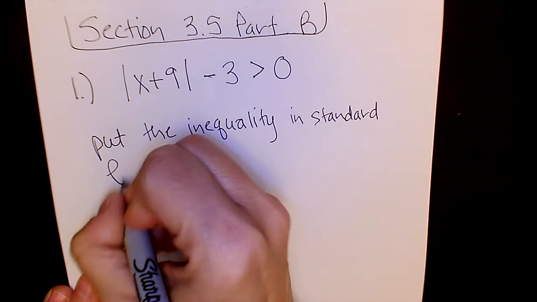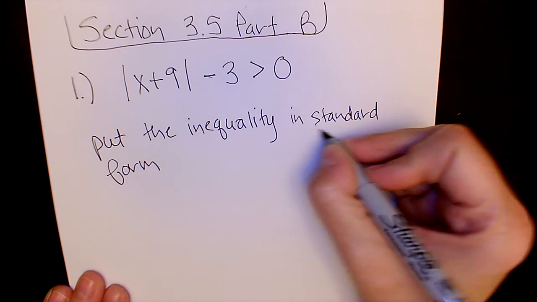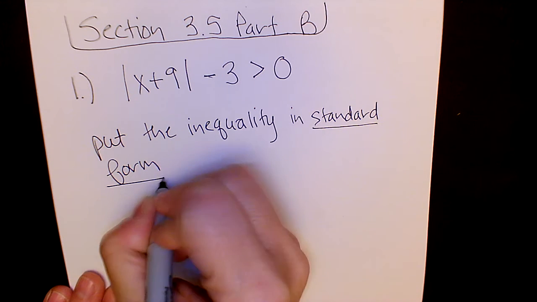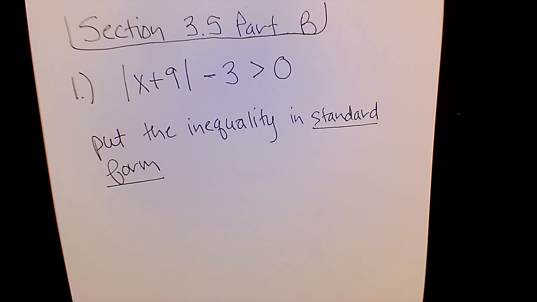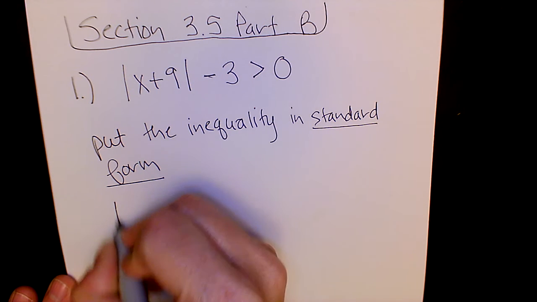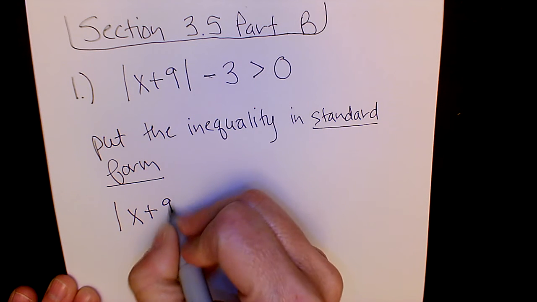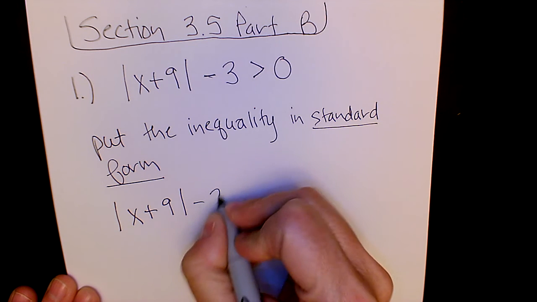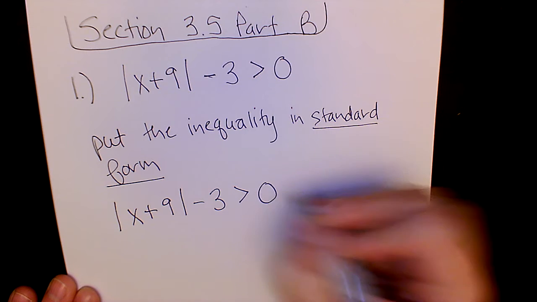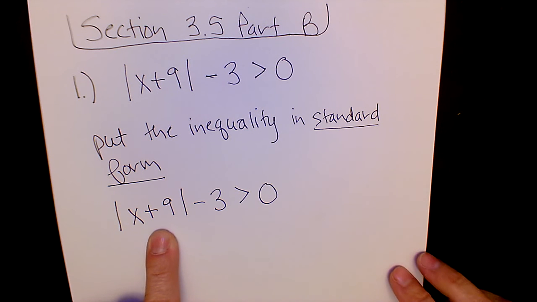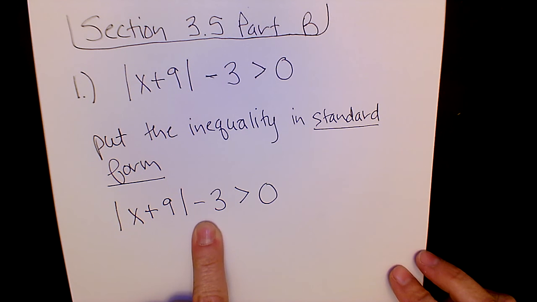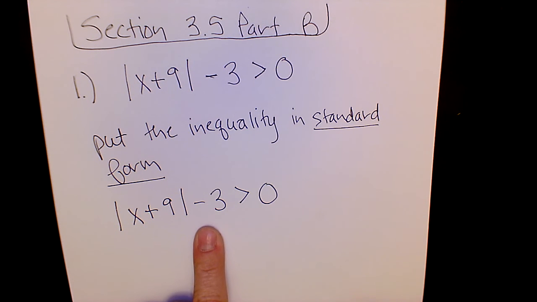Okay, so what does that mean? That means I want the absolute value on one side and everything else on the other. So I want the absolute value on one side, this alone. I've got a minus 3. How do I get rid of the minus 3?